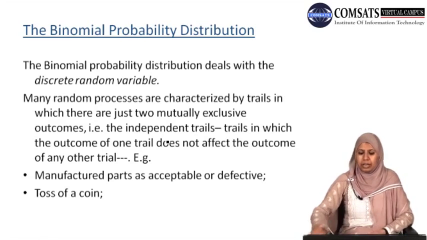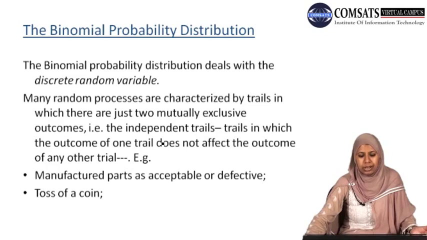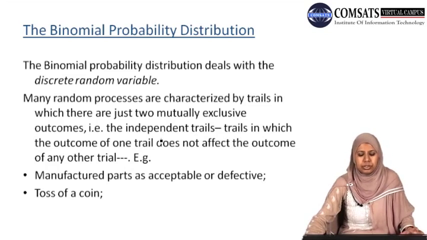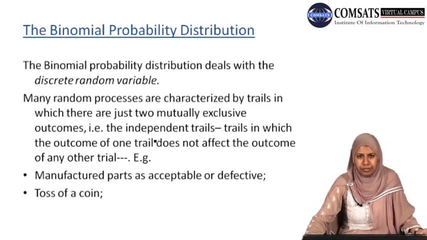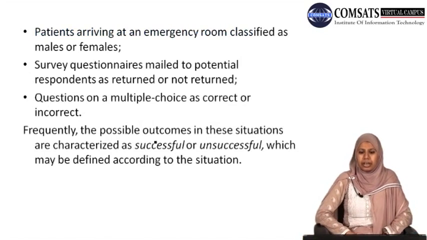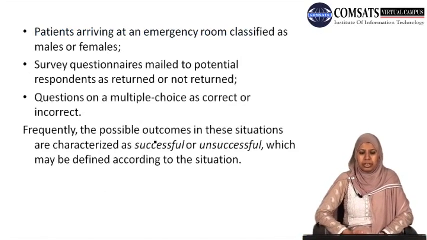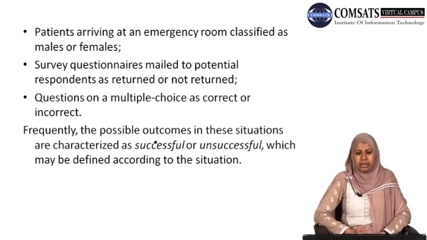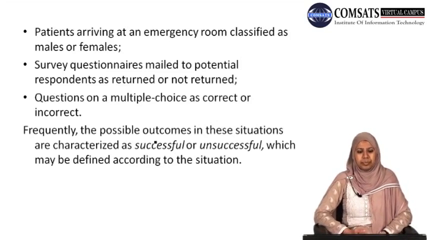So these possible outcomes, when we have only two and they are mutually exclusive to each other, are either acceptable or defective. Another example is patients arriving at an emergency room classified as male or female. It is also an independent trial, and the possible outcomes are mutually exclusive to each other.